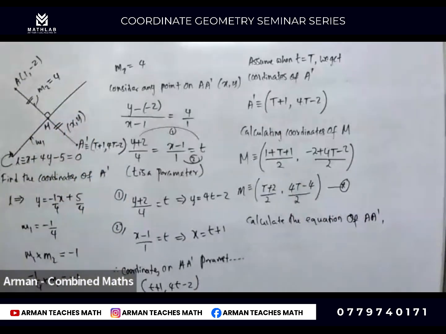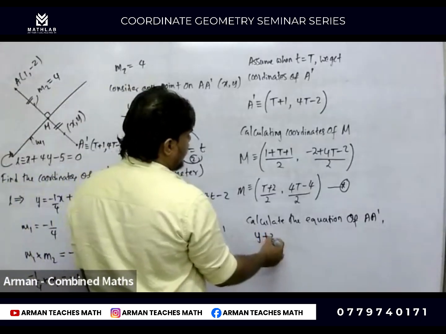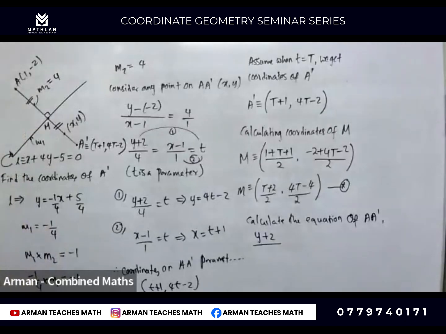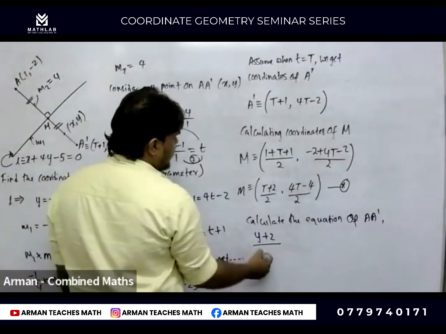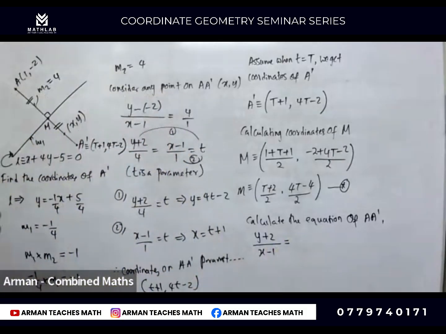The AA dash is a straight line segment. How to find the equation? We know a point, we know exactly one coordinate, we know the gradient. So the difference of y coordinates, y minus (-2), which gives y + 2, divided by the difference of x coordinates, x - 1, is equal to the gradient 4.